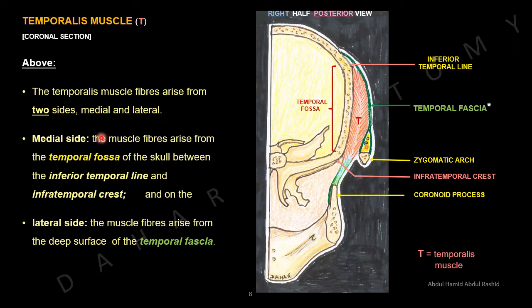On the medial side, the fibers come from the temporal fossa, between the infratemporal line and infratemporal crest. On the lateral side, the fibers come from the deep surface of the temporal fascia.